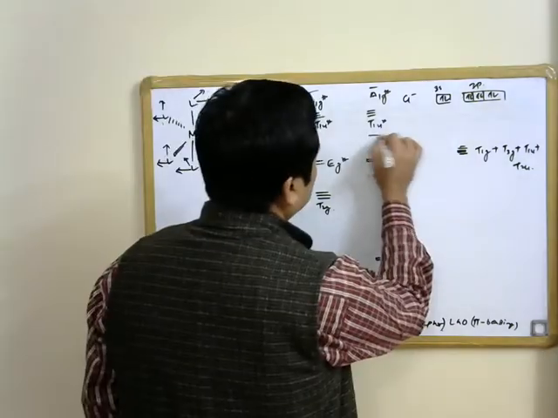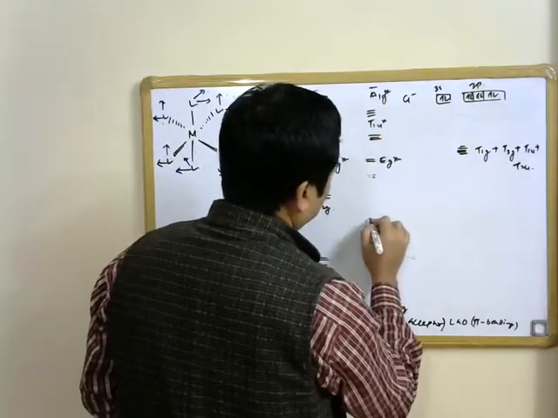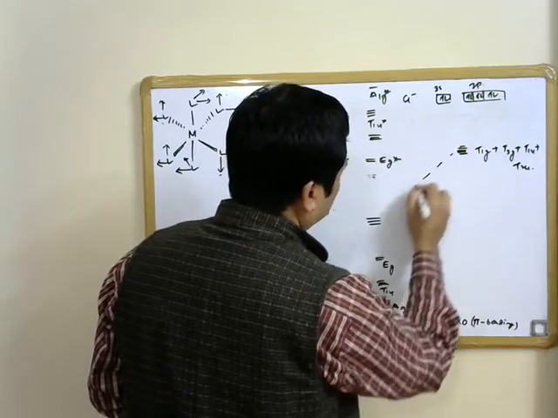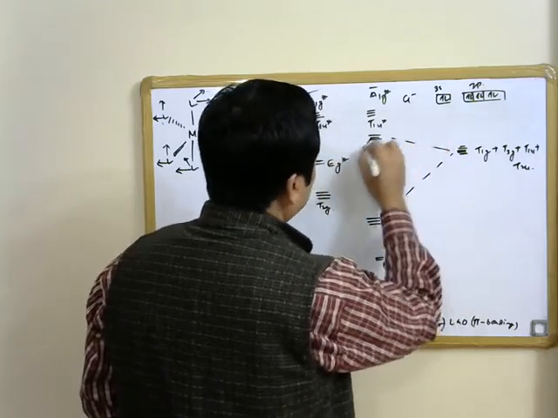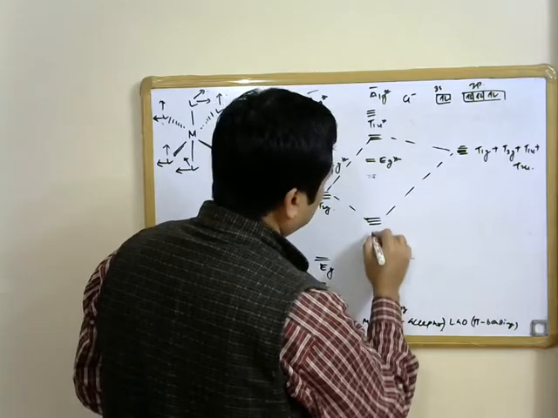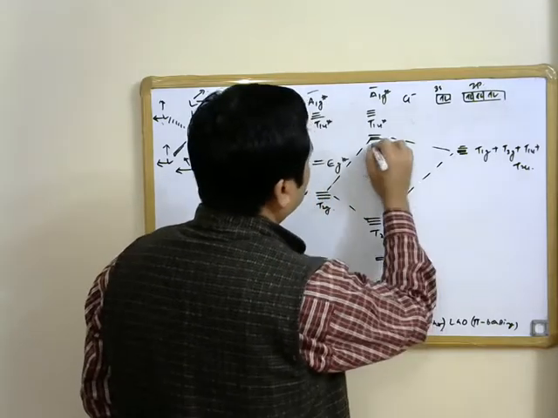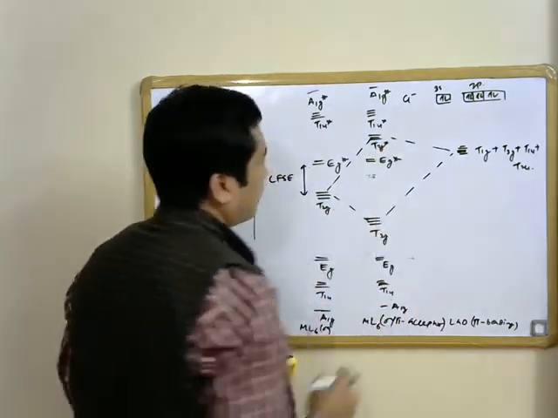And now let us redraw the molecular orbital diagram. For pi bonding, we see this is T2g bonding and T2g star antibonding.